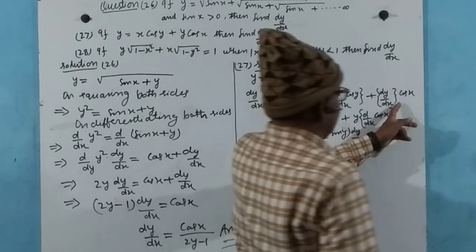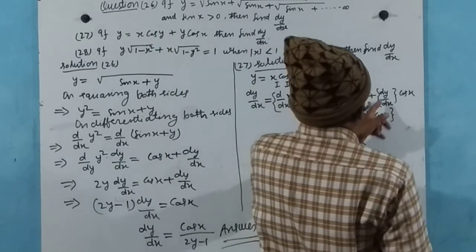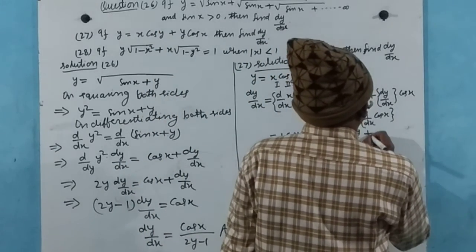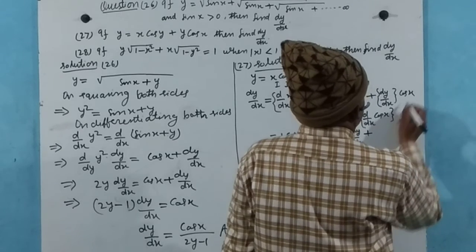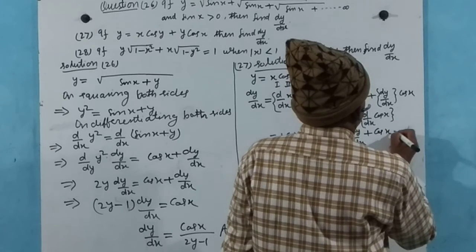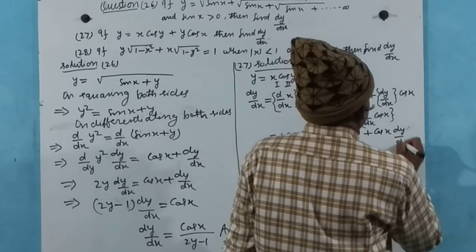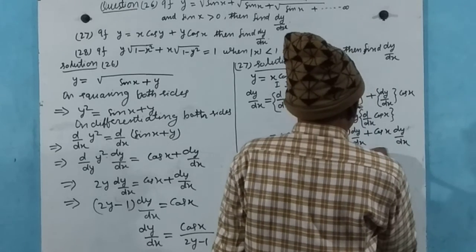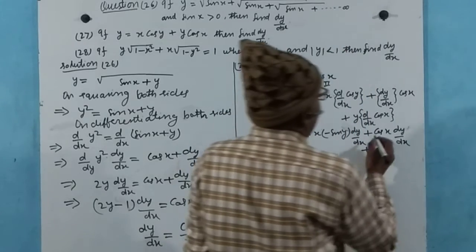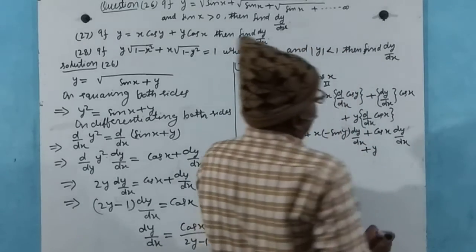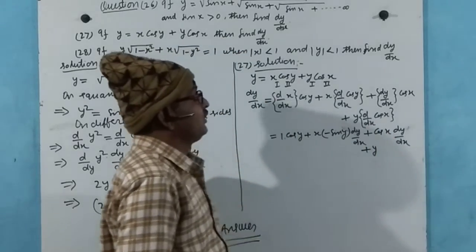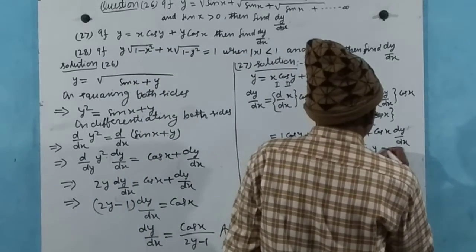And in this case, the differentiation gives dy by dx into cos x, plus y into the differentiation of cos x with respect to x, which is minus sin x.